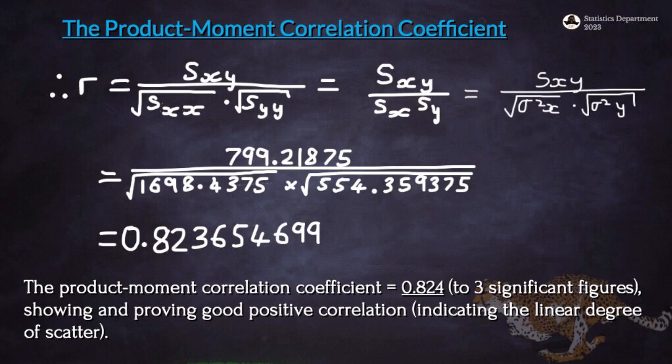Some people might see the sigma squared x and the sigma squared y and start thinking it's the variance of x and the variance of y. Well, it's not really like that, but if that helps you understand it, fine. Don't confuse yourself with that variance, but it's sort of related, because we have sigma x and sigma y, and in this case sigma squared x and sigma squared y.